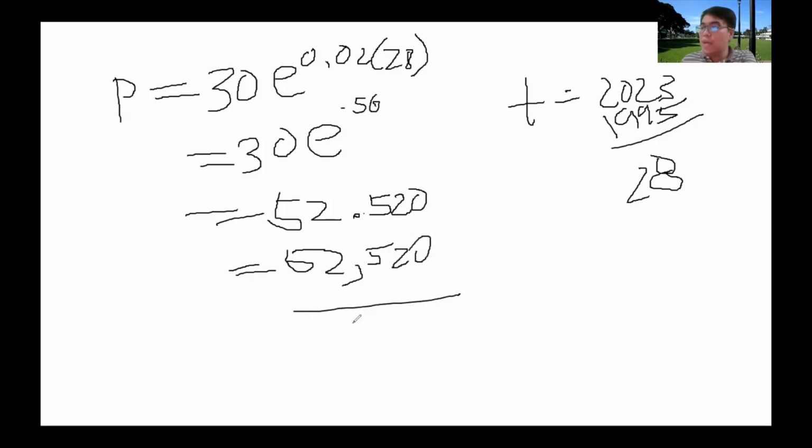We always multiply this by 1,000 because it is stated in the problem that it is in thousands. All right?